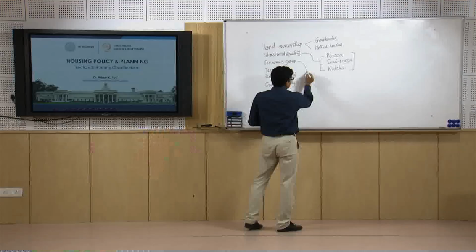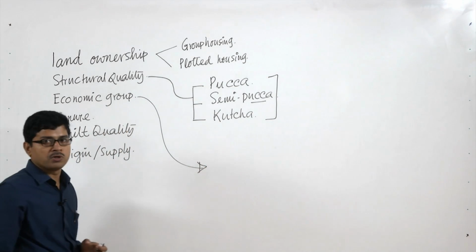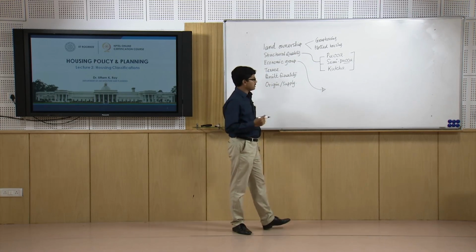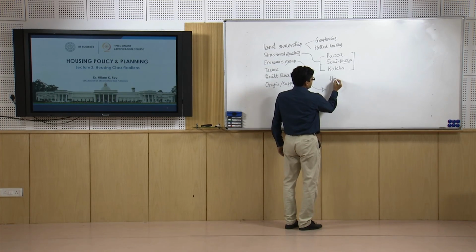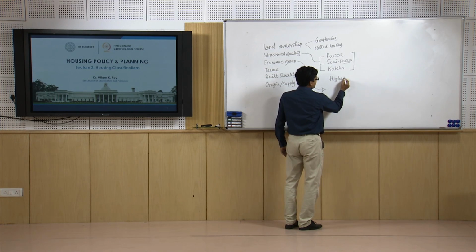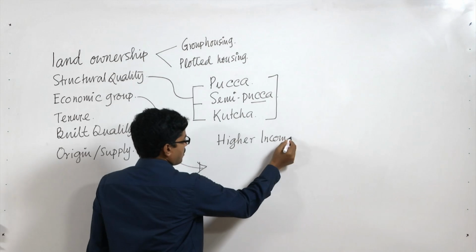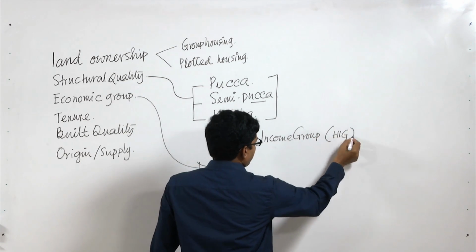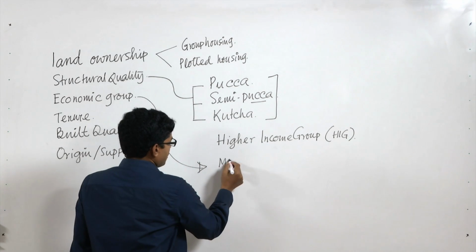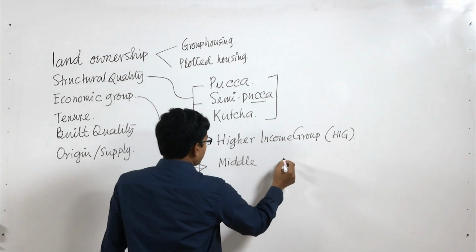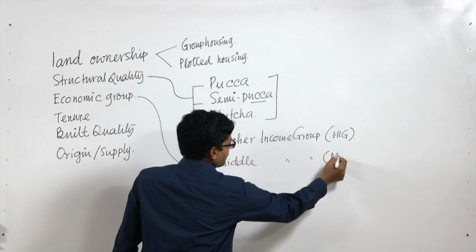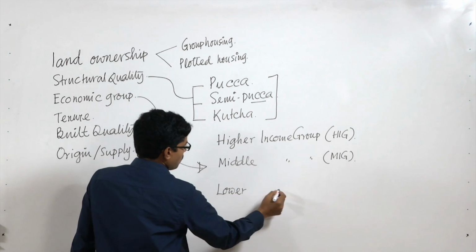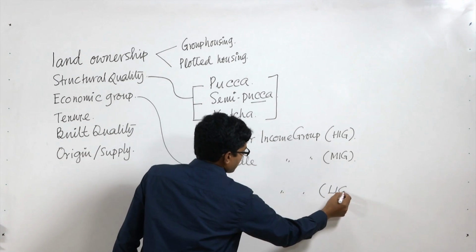Next we come to the economic group. Based on the various types of economic group, there are housing classifications based on their criteria or affordability limit. For example, there is the economic group called higher income group, in short HIG. Similarly, there is the middle income group, in short MIG, and lower income group, in short LIG.